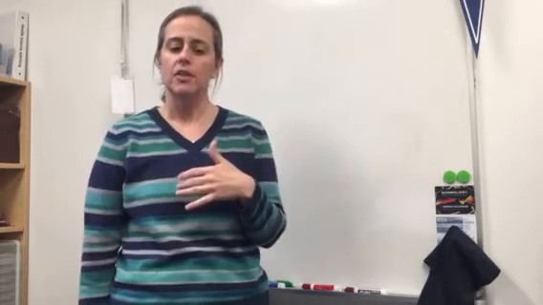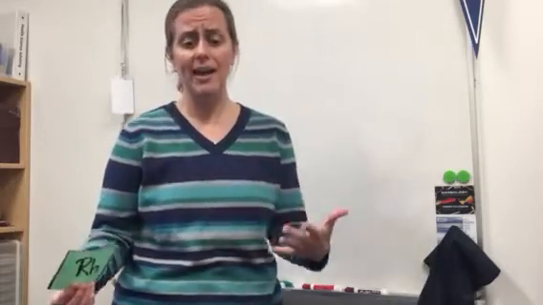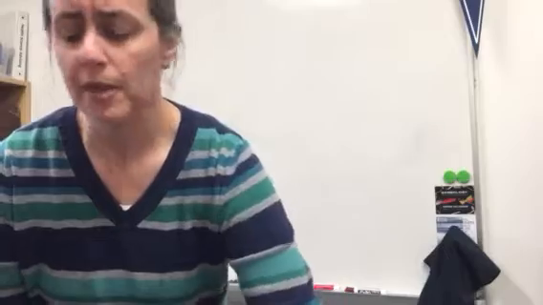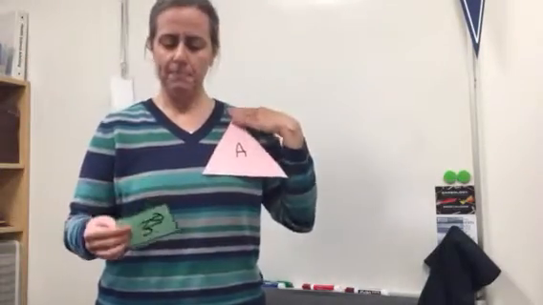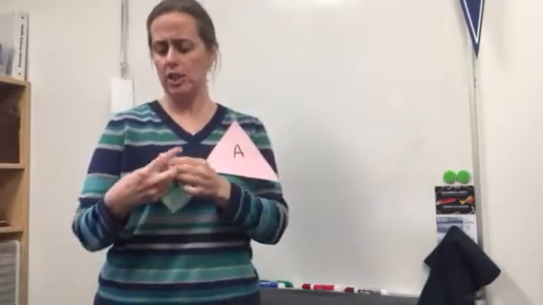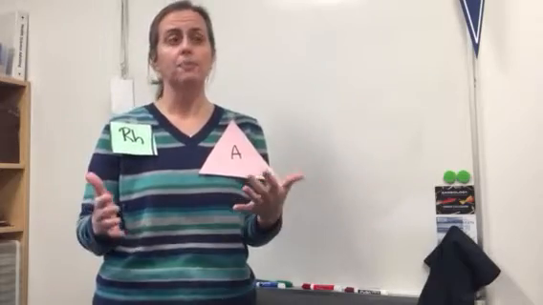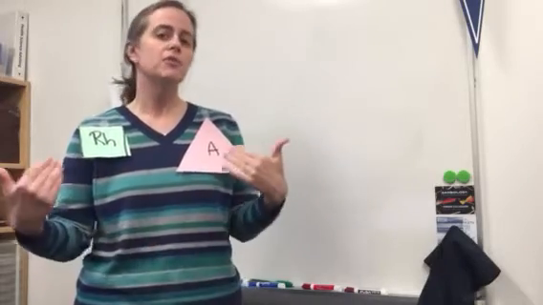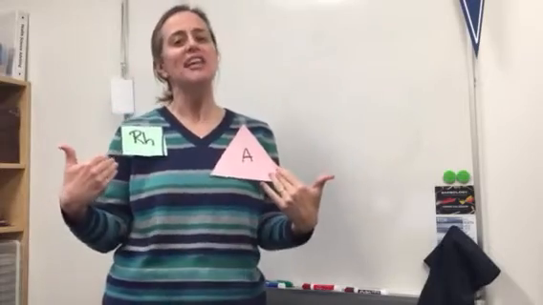So the next thing I want to talk about is how our immune system is going to respond based on what our blood type is. So if I am A positive, I have A antigen and I have RH antigen on my red blood cells. My immune system knows A. It knows RH.